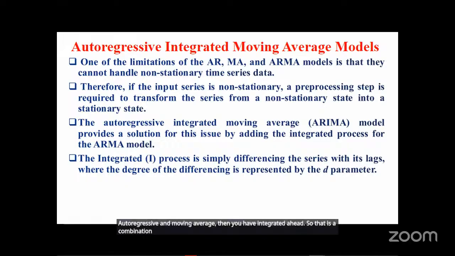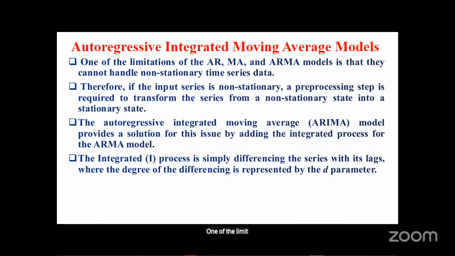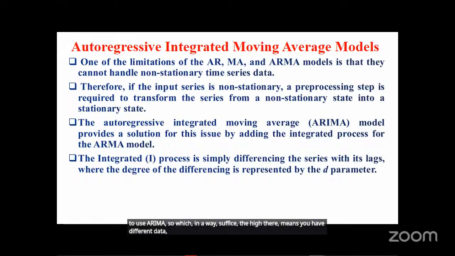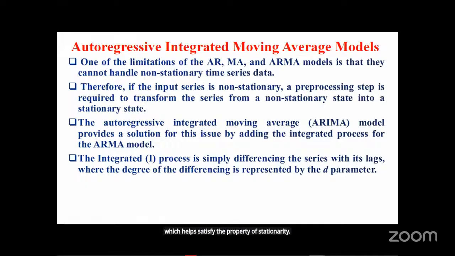One of the limitations of AR, MA, and ARMA models is that they cannot handle non-stationary time series data. To use ARIMA, you difference the data, which helps satisfy the property of stationarity, building on that limitation of those models.